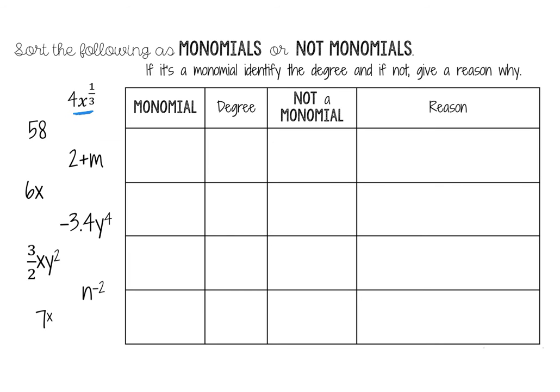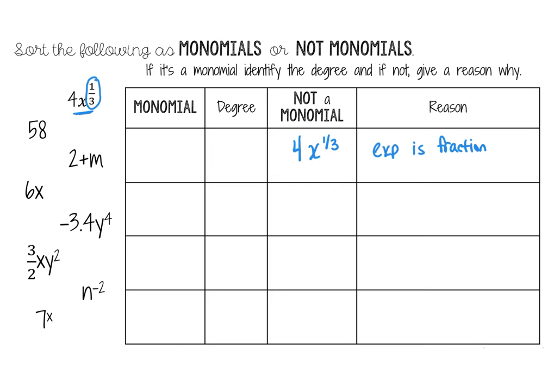So we have to have a 1, 2, 3, 4 exponent here. Positive whole numbers, okay? So we could say whole numbers. This is not a whole number, so this would not be a monomial, and that's because my exponent is a fraction. That is not a monomial.